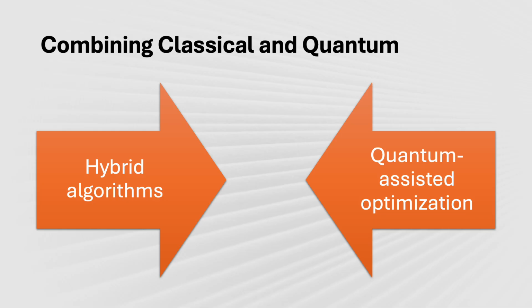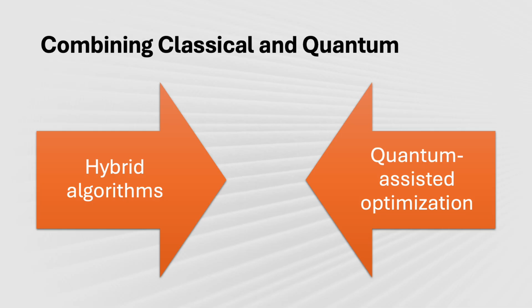These are technically hybrid algorithms, heading face to face with quantum-assisted optimization. Hybrid algorithms are a clever way to get the most out of today's limited quantum computers by combining them with regular classical computers.